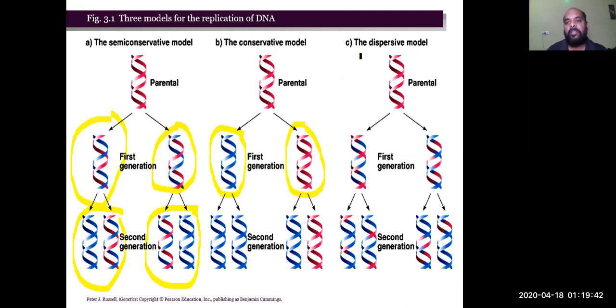The third model, the dispersive model, says that the parent DNA would break into fragments and then those fragments would ligate again and give a concoction of old and new DNA. In this diagram, we can easily make out that this is made up of new DNA and old DNA, and the process would go further in the second generation also.